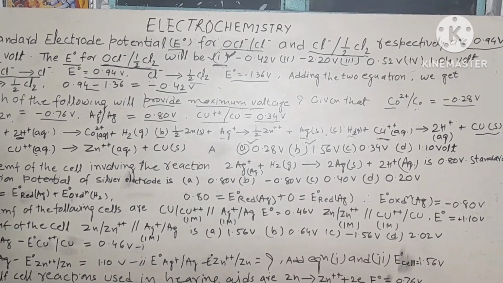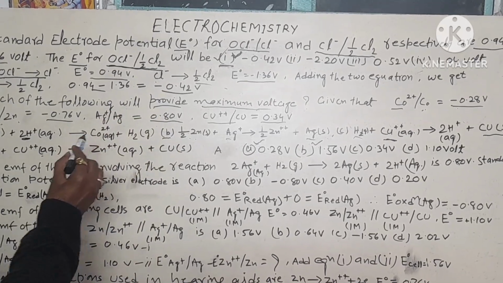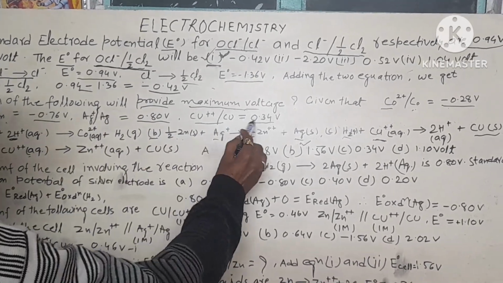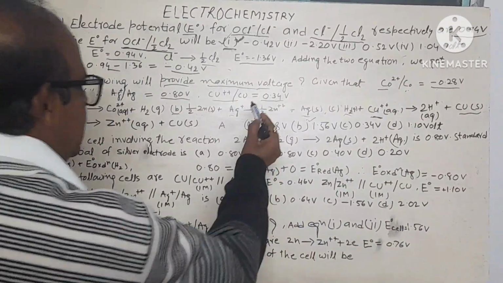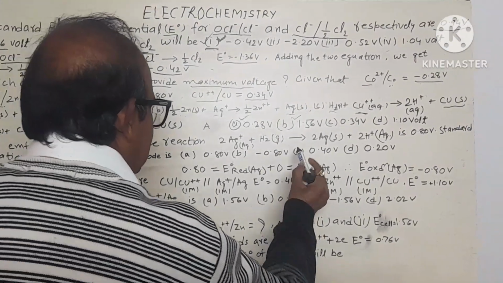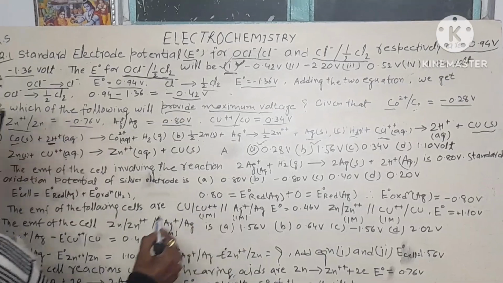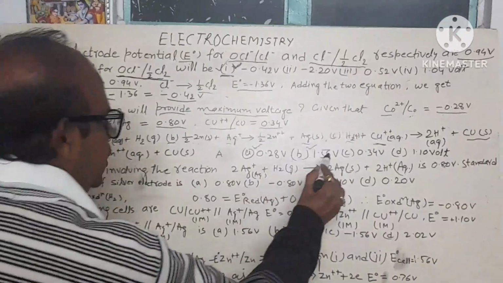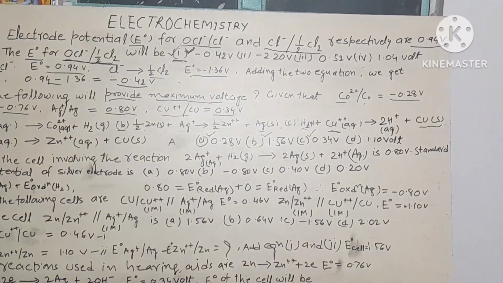Correct? Copper is given here 0.34 minus 0, then you will get only this 0.34. So for the third cell, you got 0.34.